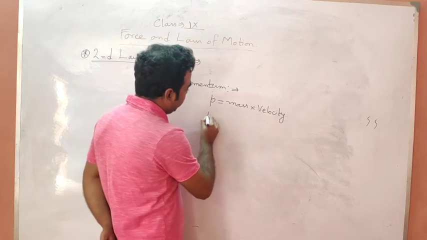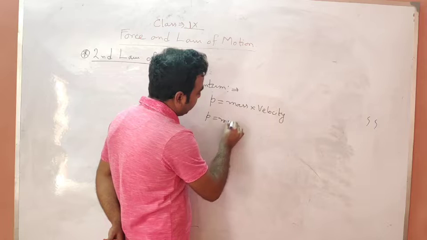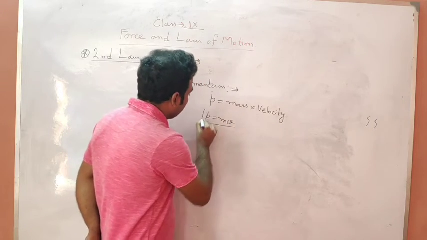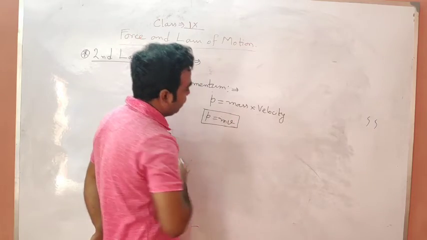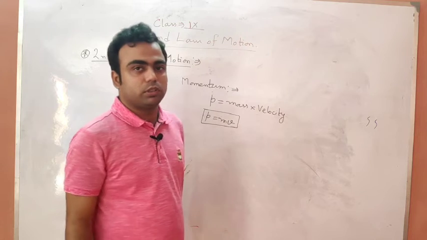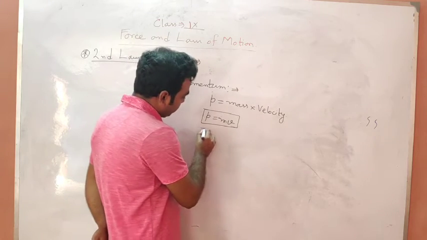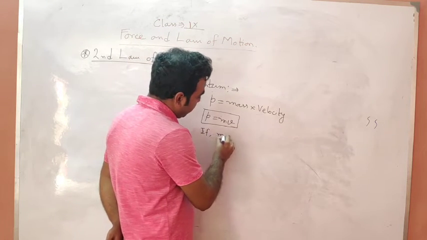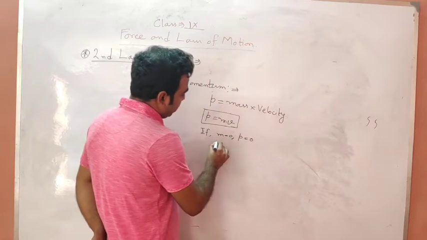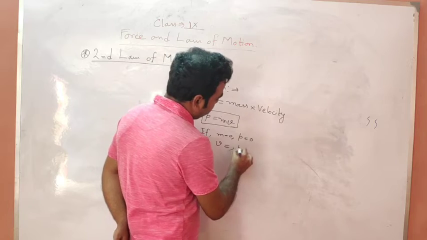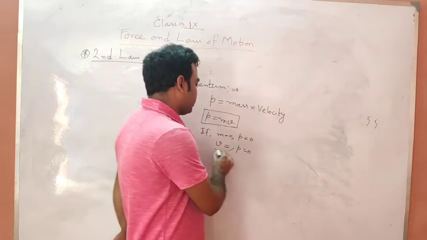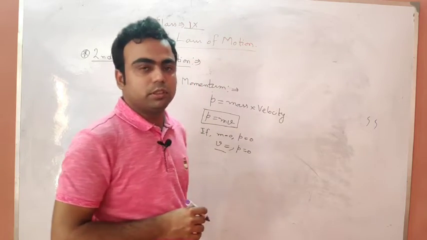That means p = mv. So if m is 0, then momentum is 0, and if v is 0, then momentum is 0. That means for a particle at rest, momentum will be 0.